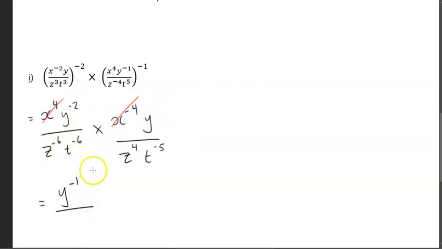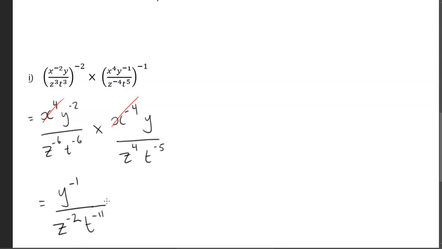Z to the power of -6 plus the 4. This will give me z to the power of -2. And t to the power of -6 times t to the power of -5. This ends up being t to the power of -11. Now, if you were to just leave the answer like this, that is completely fine.